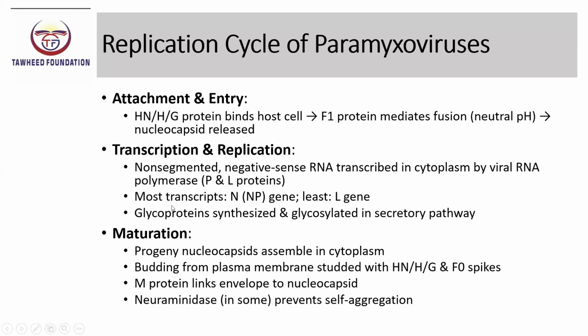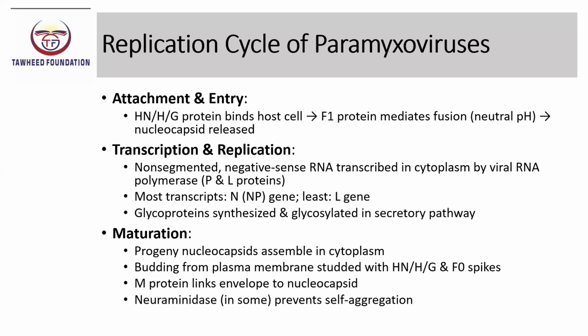The most abundant class of transcript produced by an infected cell is from the N or NP gene, whereas the least abundant is from the L gene. Viral proteins are synthesized in the cytoplasm. Viral glycoproteins are synthesized and glycosylated in the secretory pathway.